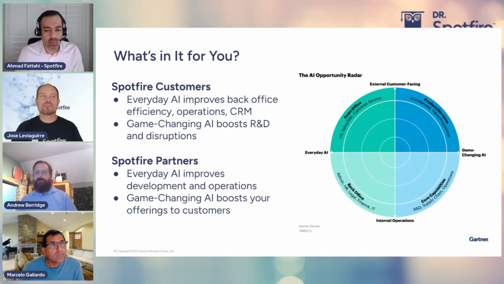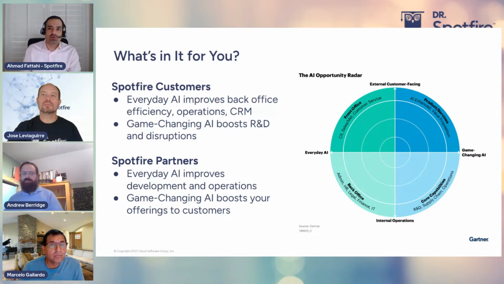Now, you may ask, why should we care? If I'm a Spotfire customer, you can expect in your day-to-day activities, such as yield optimization, or upstream if you're an energy, oil and gas customer, your analysts and line of business experts to have a boost in efficiency.